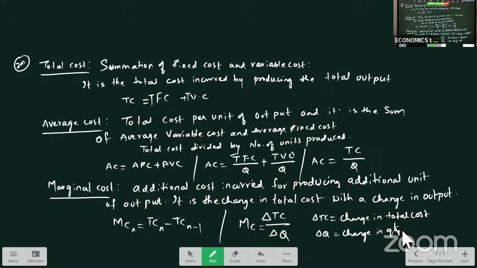Hope you understood this one. Okay, now one more important question based on this average cost and marginal cost. Here you have to explain the relation between average cost and marginal cost.